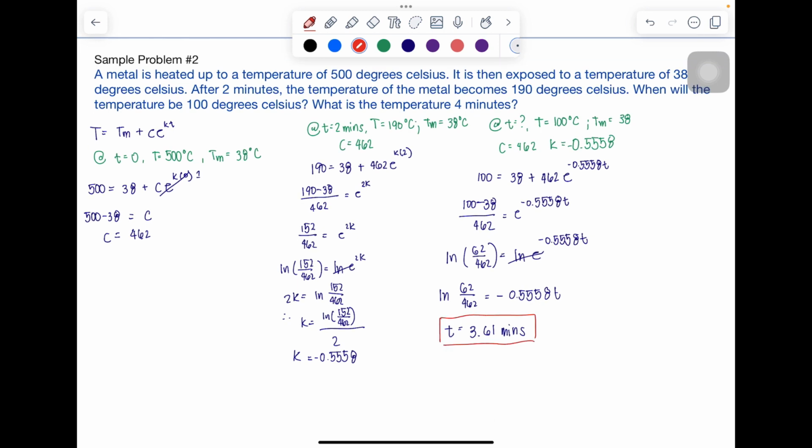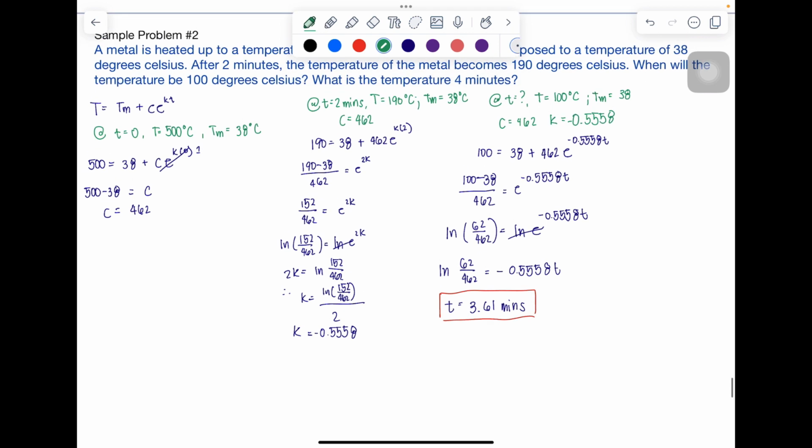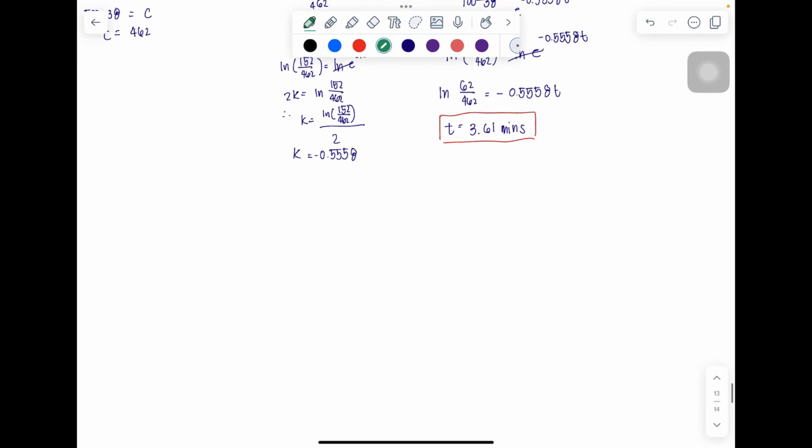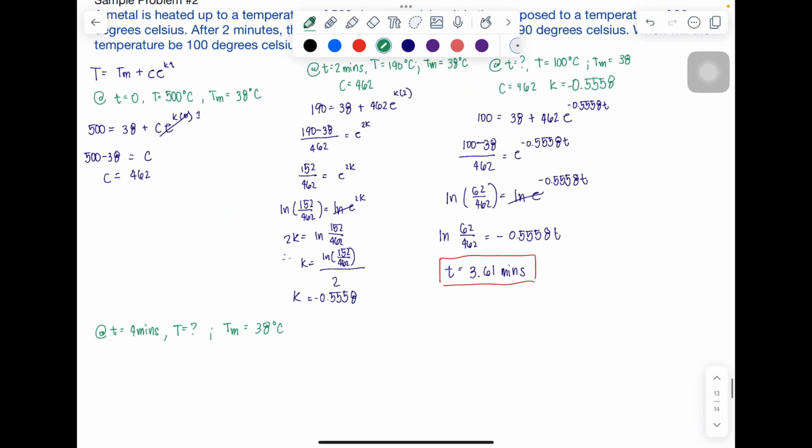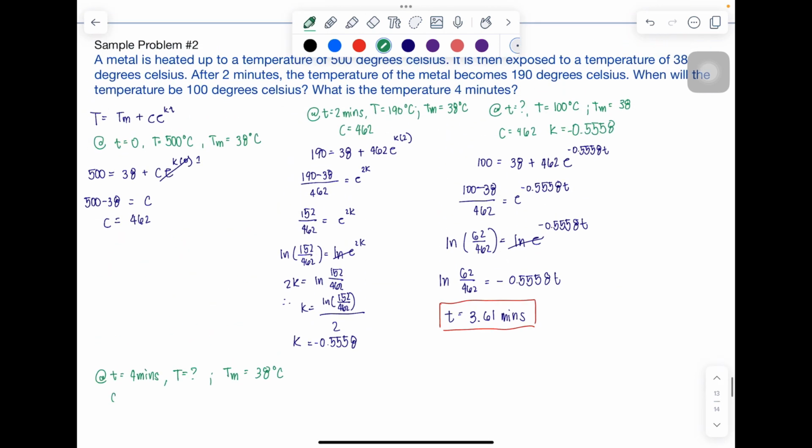Okay, how about the other condition? So what is the temperature at 4 minutes? So we are given the time at 4 minutes. What is the temperature of the metal? And we also have the surrounding temperature of still 38 degrees Celsius. And we already have the C and K. So C is 462, and K is negative 0.5558.